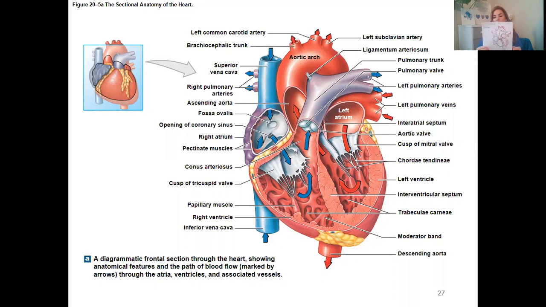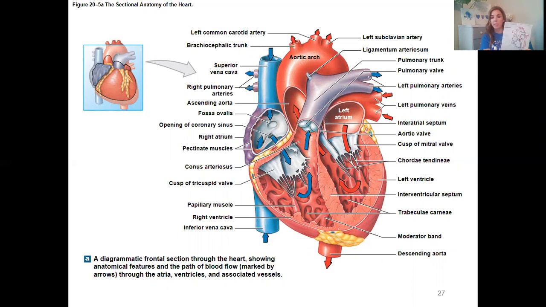Okay, so up here in the top corner, it says there are 3 ways for deoxygenated blood to get into the right atrium. 3 ways you always want to remember: SVC, IVC, and coronary sinus. Remember earlier, when we looked at the posterior view, we circled the coronary sinus. So that coronary sinus is going to take blood into the right atrium, just like this SVC and this IVC.